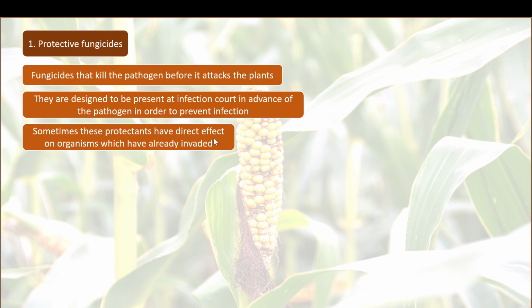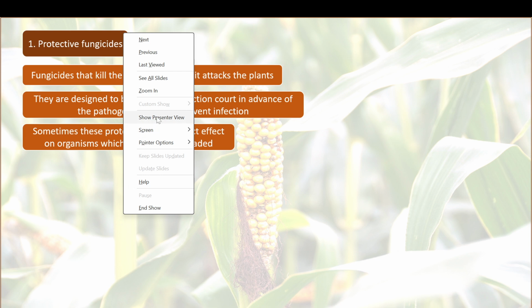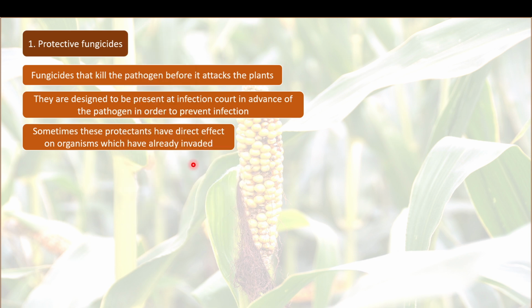Sometimes these protectants have a direct effect on organisms which have already invaded. Some of the chemicals used as protectants can also remove organisms that have already entered into the plant. So some protectants act in both ways.